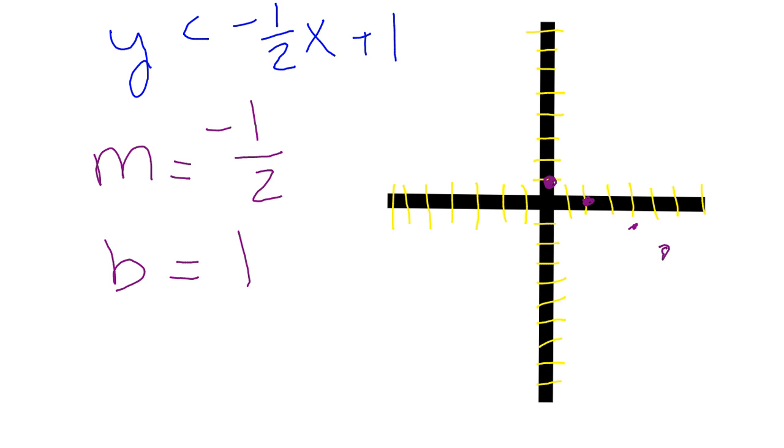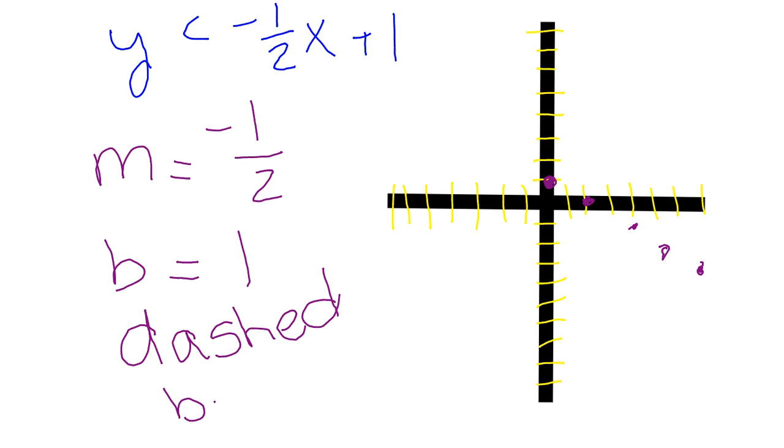I now have my line, and I'm going to say whether it's dashed or solid, and whether I shade above or below. This is not an or equal to, it's just a less than symbol. So that means the line is dashed. And because it is less than, we're going to shade below.